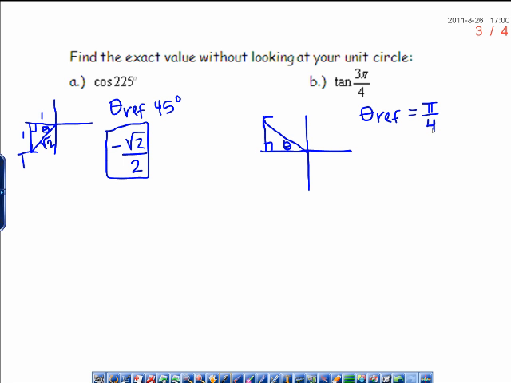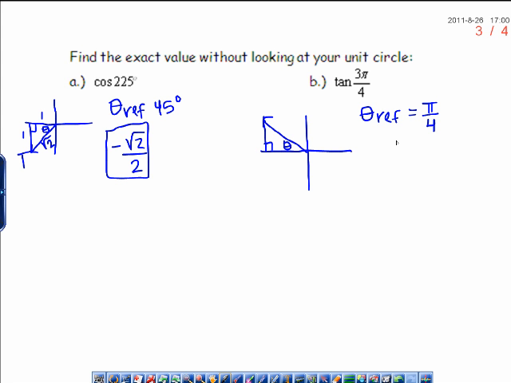That's how much it would take me to get to pi, or you could say pi minus 3/4 pi is pi over 4. Or you could think, in degrees, it would be a 45 degree angle, or 45 degree triangle.